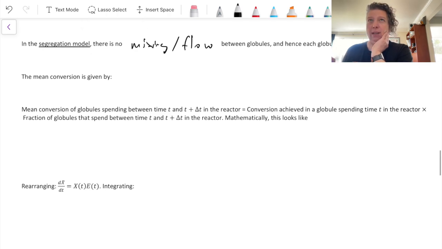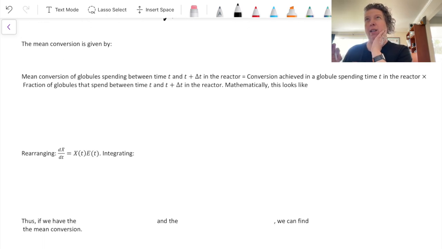If we want to then calculate the mean conversion over all the globules, what we're going to do is take the mean conversion of globules spending between time equals t and t plus delta t in the reactor. This is going to be the conversion achieved in a globule spending time t in the reactor times the fraction of globules that spend between time t and t plus delta t in the reactor. Okay, that's a lot of words.